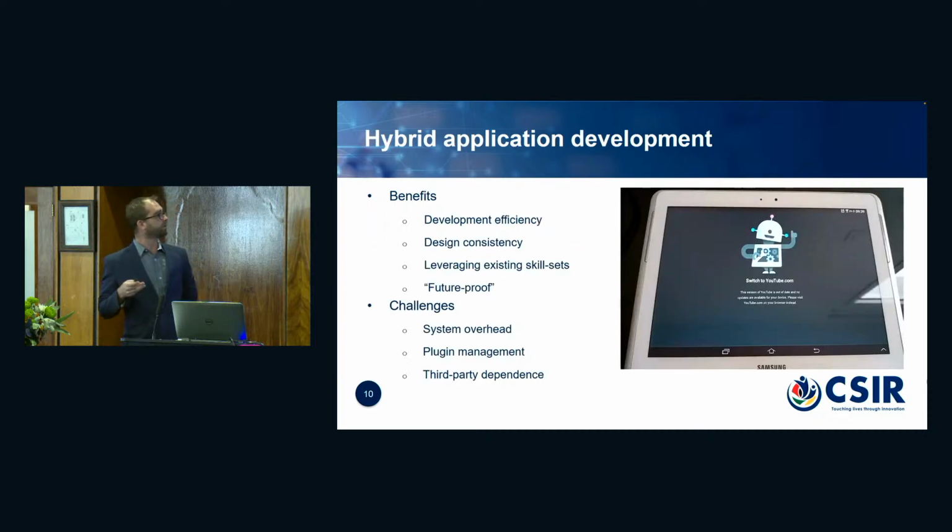So some benefits of hybrid application development. As I said, you have efficiency, you have very high design consistency across the different platforms, and this is because everything essentially is running in a browser. You leverage existing skill sets. There's a lot of people who are familiar already with web development, and in a way it's future-proof.